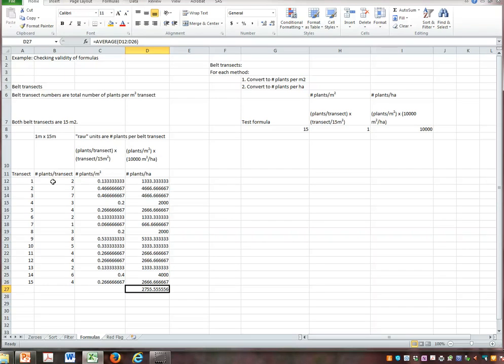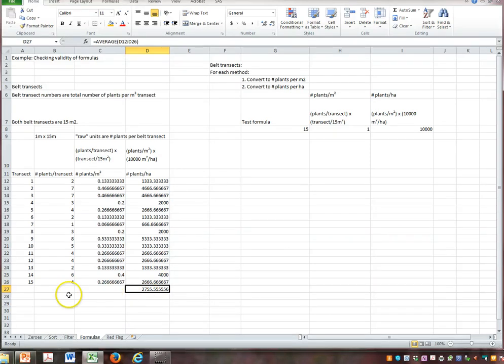Now, the thing with spreadsheets and calculators is that they will give you lots and lots of significant digits. It's important not to round your values before you're done with all of your calculations. But Excel has just told us that we have 2,755.555556 plants per hectare. And that, you would never report that.